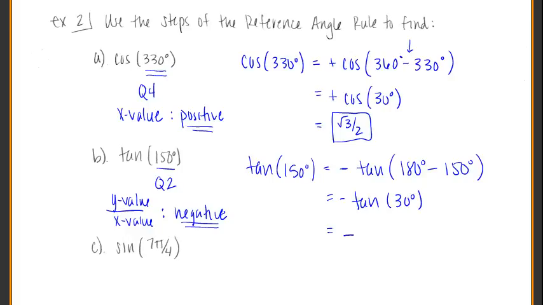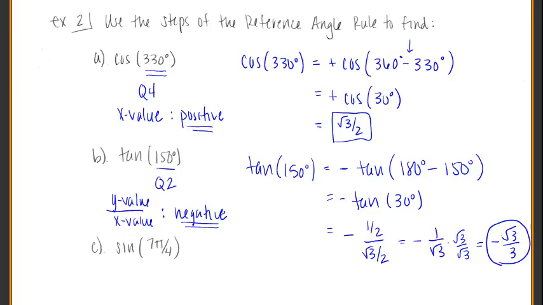Alright, so at 30 degrees, my y value there is 1/2, and my x value there is the square root of 3 over 2. Cleaning this up a little bit more, multiplying by the reciprocal of the denominator and canceling off some terms, it's the negative 1 over the square root of 3, or the negative square root of 3 over 3.